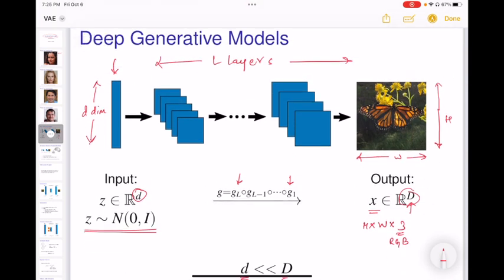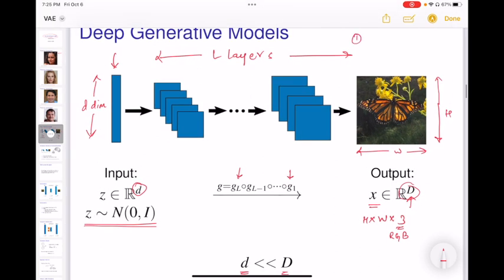Right? So that is what a generative model is. Any generative model should function like that. The few things that we want from a generative model are: number one, that we should be able to sample an arbitrary amount of data from the model.